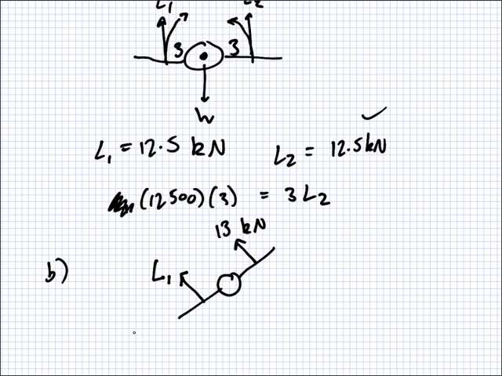Not until part C, maybe. I'm not sure. Let me see. Because the question is, well, maybe the English isn't clear. What must happen to force L1? So they might want a number here. Anyways, what must happen to L1?